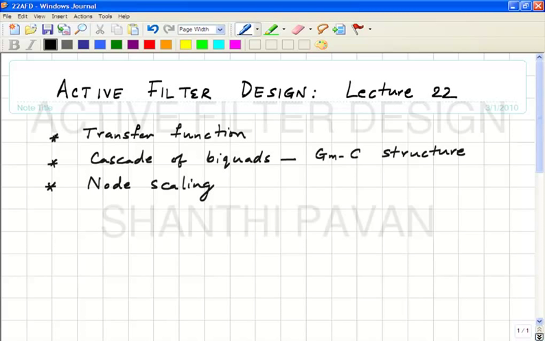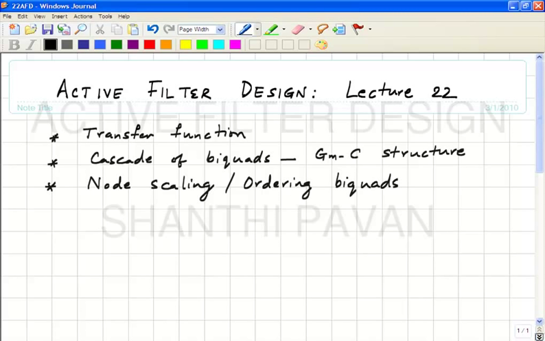We also talked about how one might order biquads if you had a high order filter, and with this we are in a position to design a cascade of second order section based all pole low pass filter.